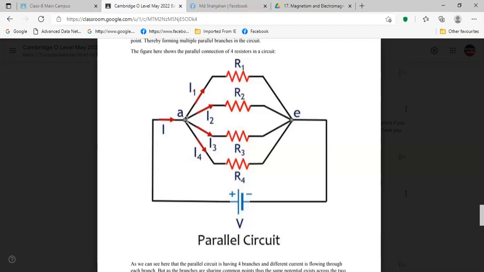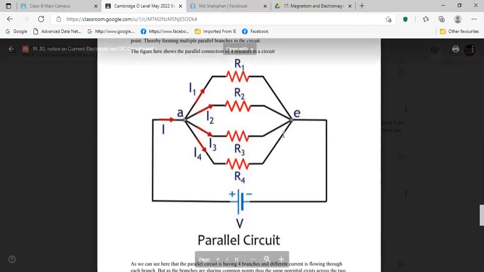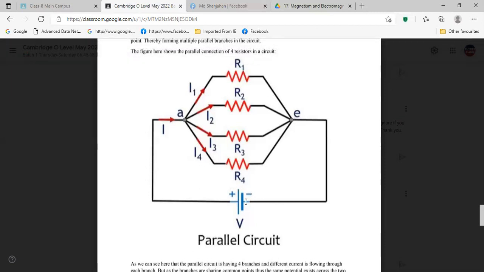Yes, sir. And the left side ends are connected together with the positive terminal of the power supply. The right side ends of all of them are connected together at the negative terminal of the power supply.